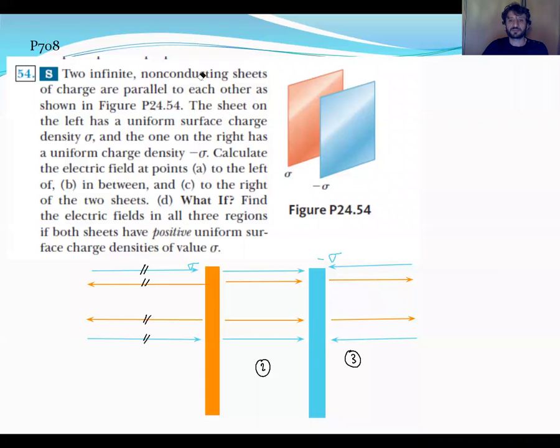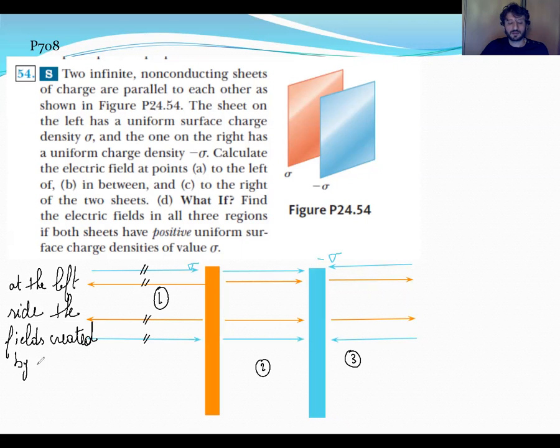This is side 1, the left side. At the left side, the fields created by the sheets are opposite.